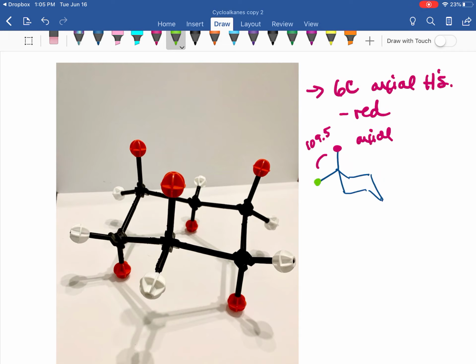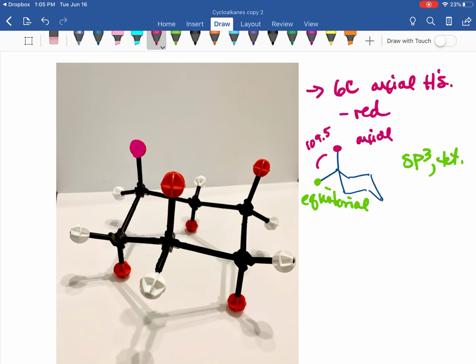Let's color code those green. That is called equatorial. Every carbon has one. And they are at such a funny angle because of that sp3 tetrahedral. They almost look like little tripods for each one.